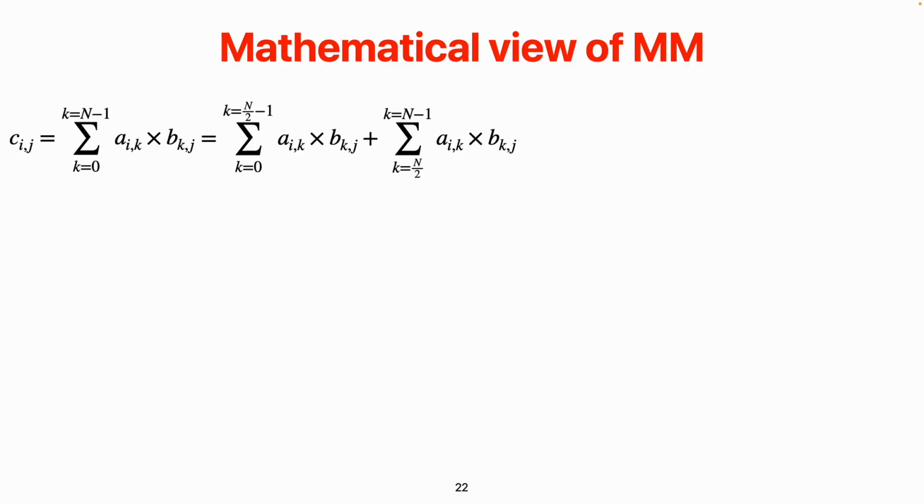You can separate them by half, and you will figure out that this is equivalent to first calculating half of the vector from the column and half of the vector from the row, plus the other half of the vector from the column and the other half from the row of each matrix. Do you agree with that?